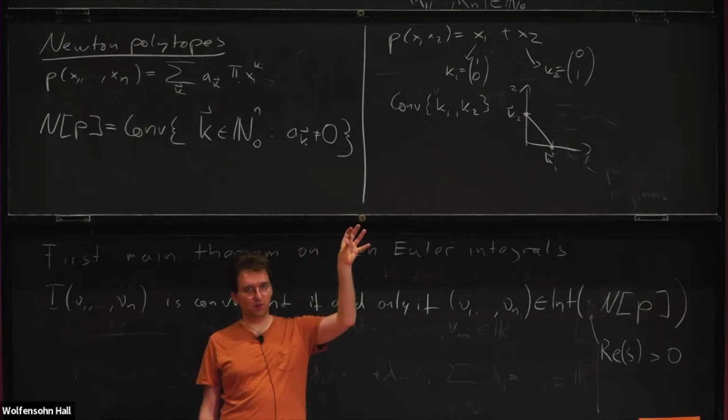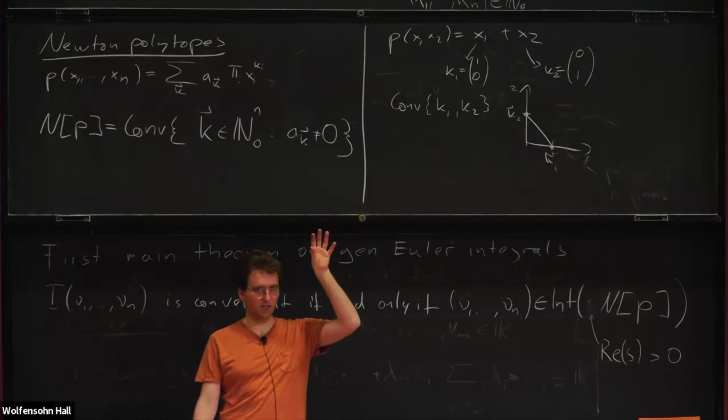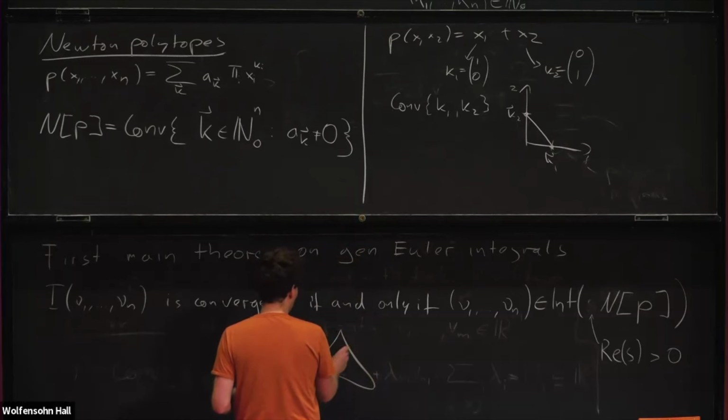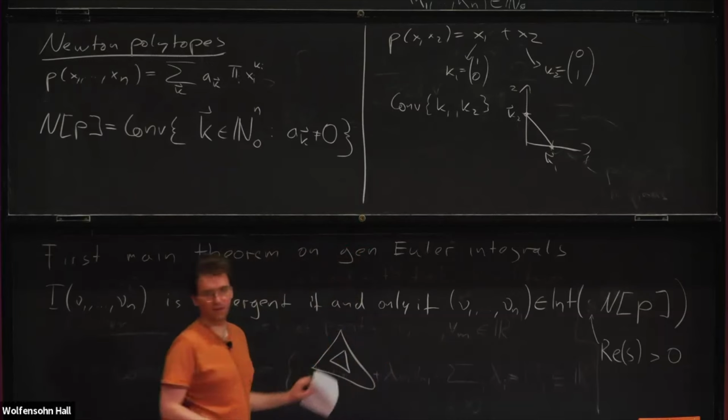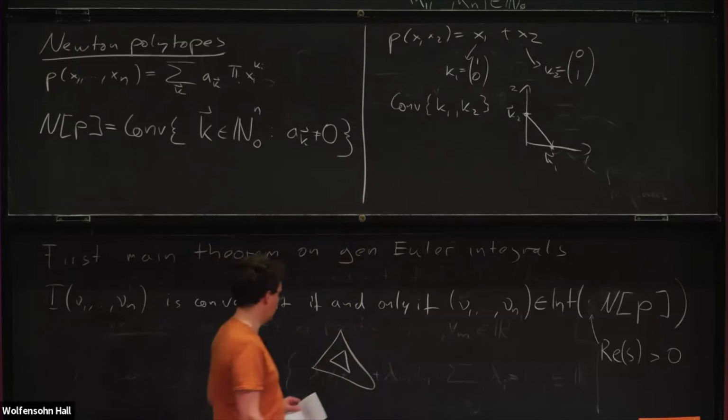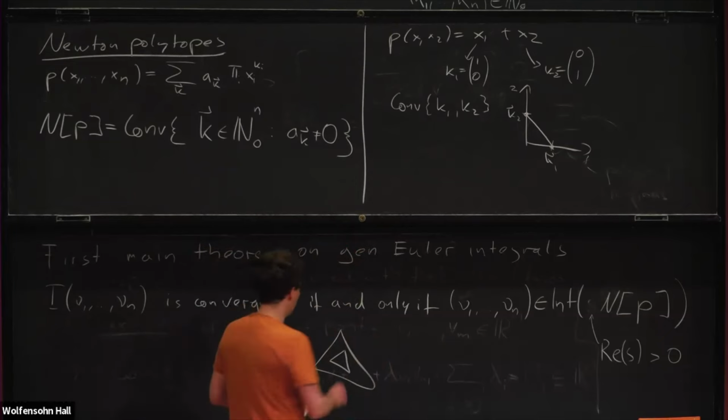So the Newton polytope of this stuff has to be contained in the Newton polytope of the denominator. You draw the polytope and it's fine if the other polytope just completely lies in the interior. But here we are in the simpler case where we just draw the polytope, and if this nu vector is inside this Newton polytope, then it's convergent.